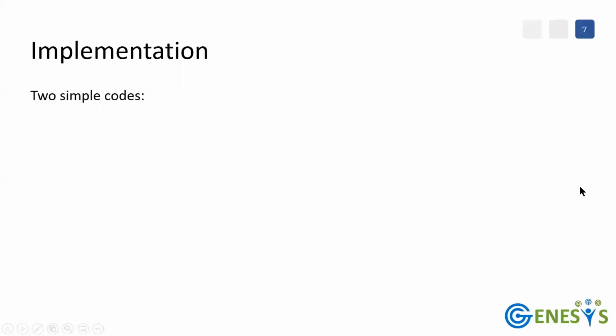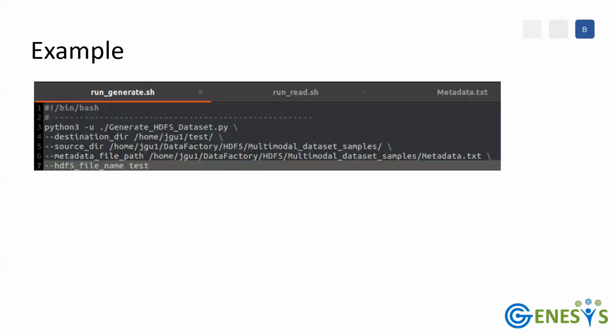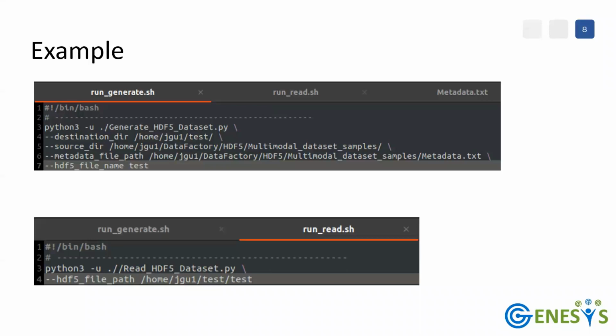Now back to the presentation. As an example, using the aforementioned codes, to run the shell scripts, I've changed the following features. In the run_generate shell script, I've changed the paths to the source and destination files, as well as created a test dummy HDF5 file to store everything in. And I've also specified this path in the shell script where the HDF5 file will be.